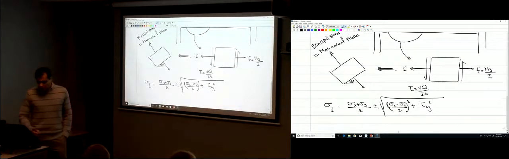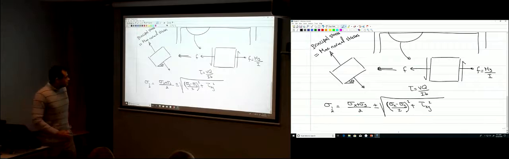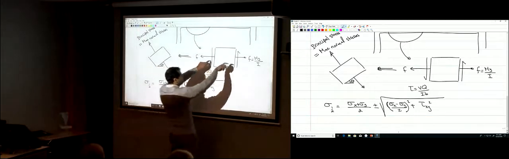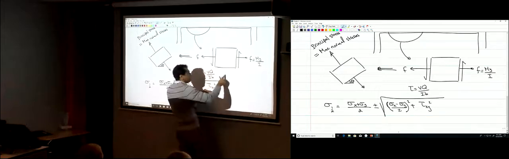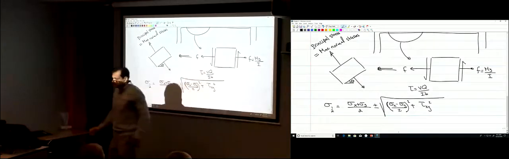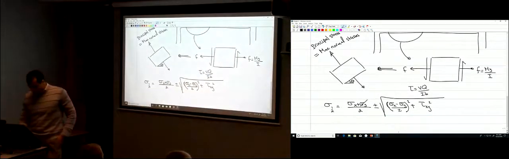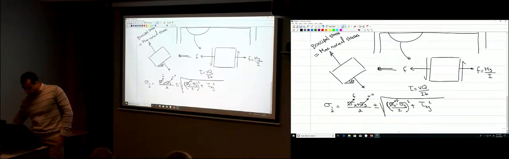In our case here, how much is sigma y? This is sigma x. F is the stress in the x direction. Sigma y, how much is sigma y? 0. So sigma y is 0. And that sigma x, we're putting it as f. That's f. And we have tau here.